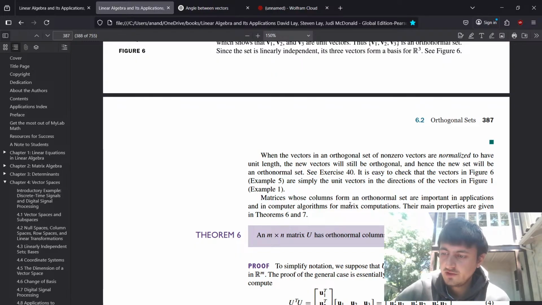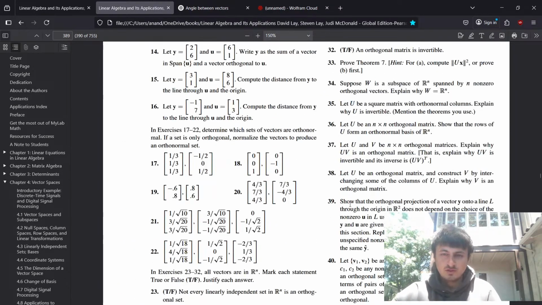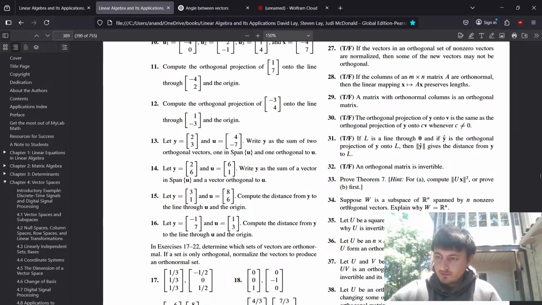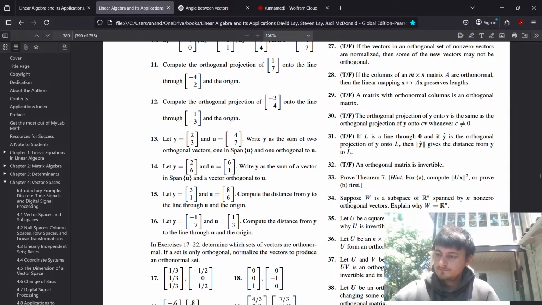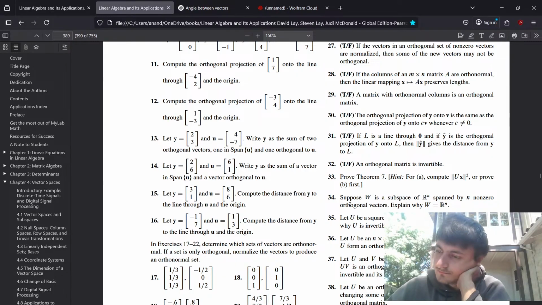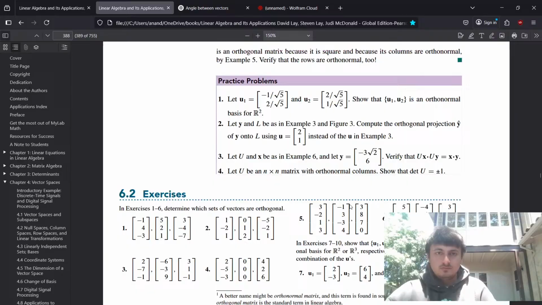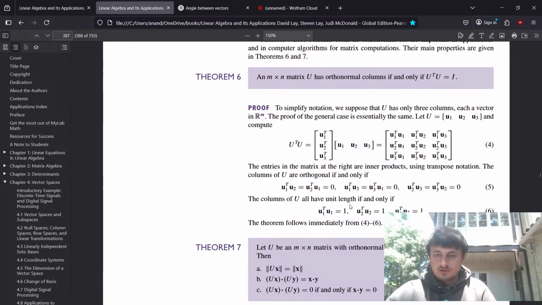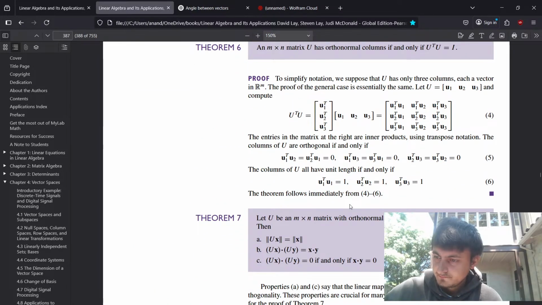Okay, so in our problem, which was problem 33, prove u m by n, or no, calls, then the norm of ux is equal to the norm of x.